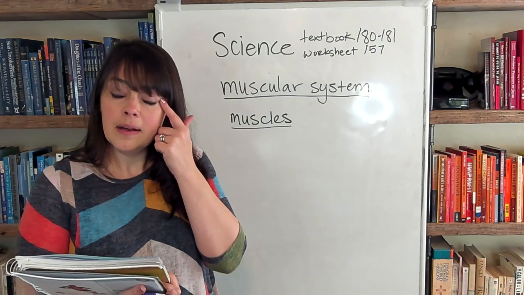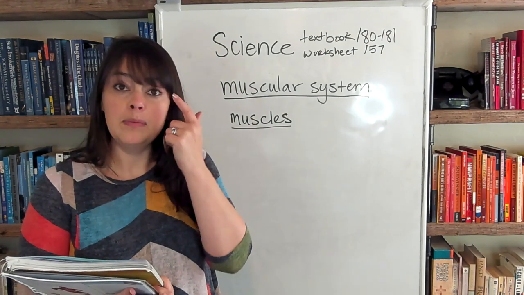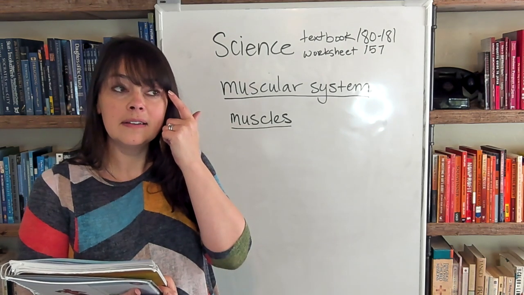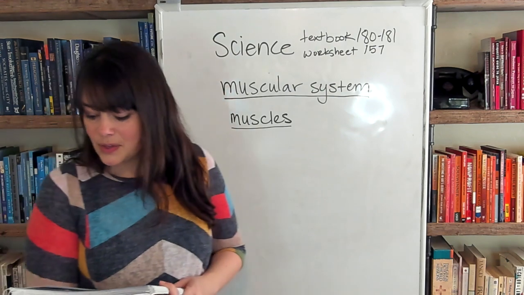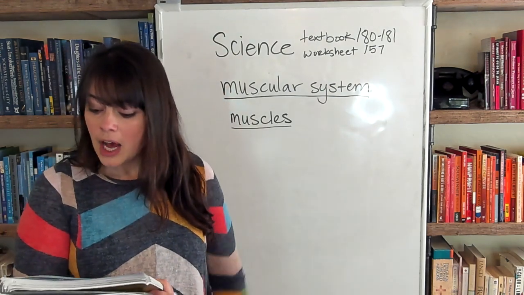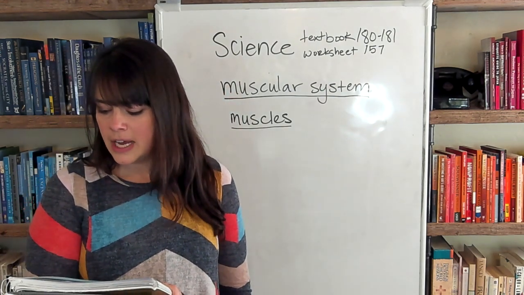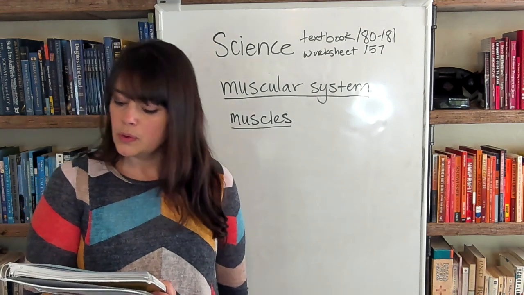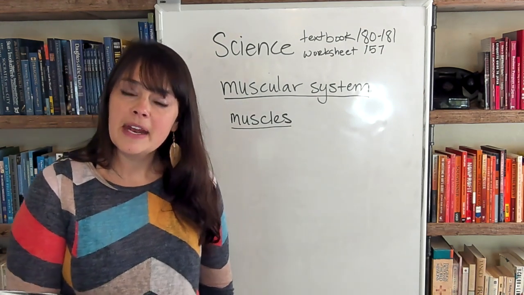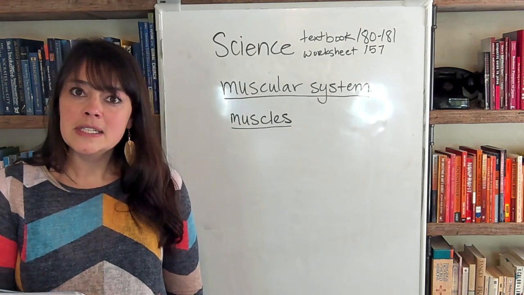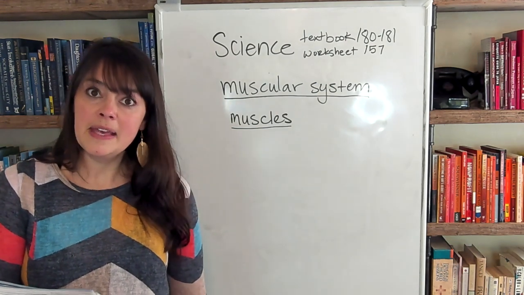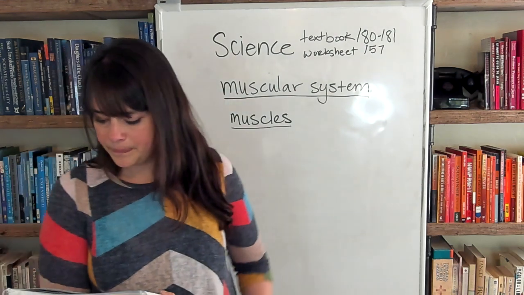Have you ever thought about the muscles involved in moving your eyes, in blinking your eyes? Other muscles are very large. The muscles in the top of your legs are large. They move the large bones so you can walk, run, and stand. I bet if you put your hand on the top of your leg and make your muscle tight, you can feel, oh, that's a big muscle, isn't it?